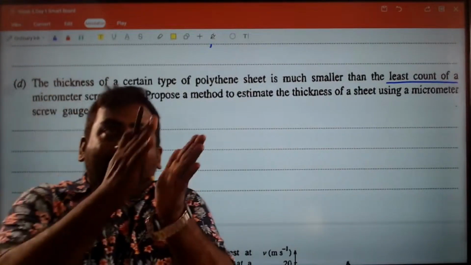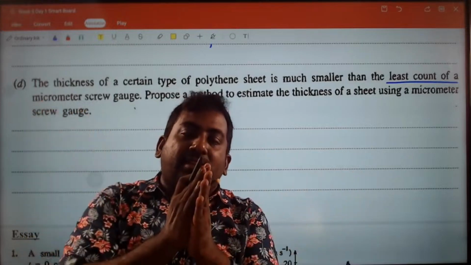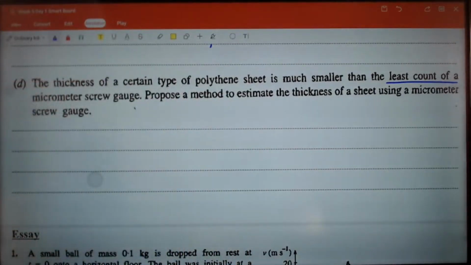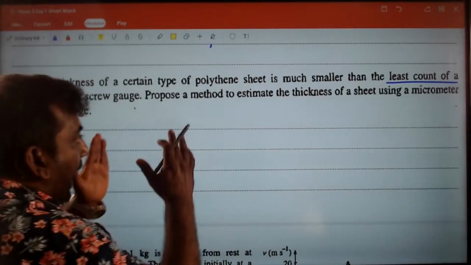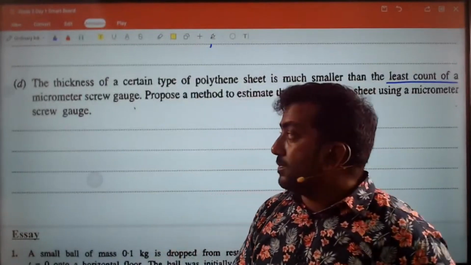Take many sheets of polythene, put them together, measure the total thickness and divide by the number of sheets. So these are also done.